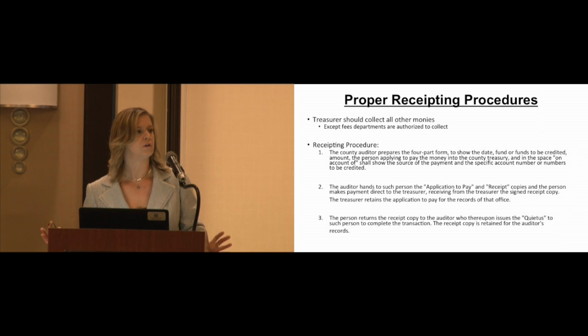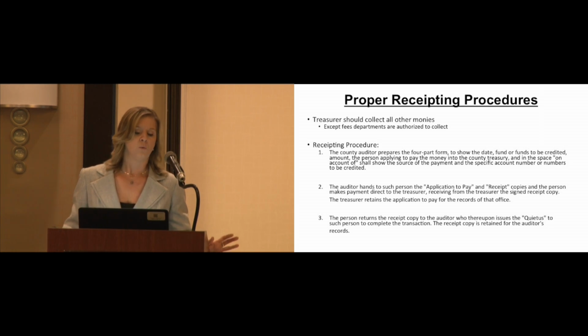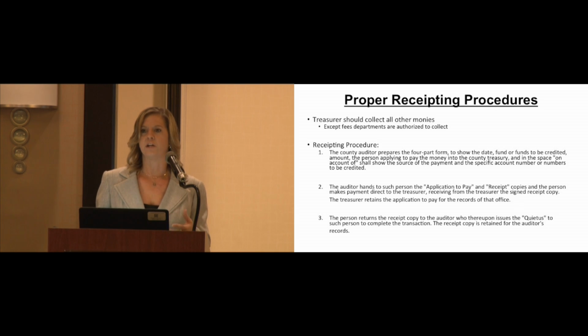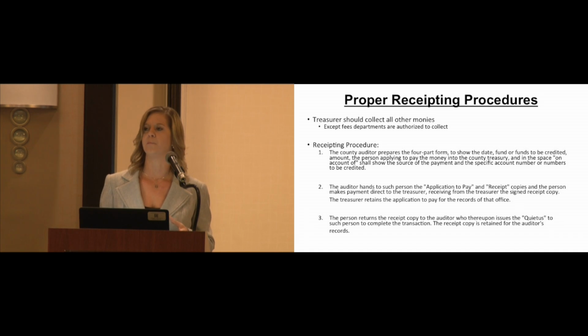We look at it, and as long as it provides the same information and functions the same as the prescribed form, then we don't have a problem with you using it. So the procedures here, don't get too caught up on the 4-part form, the names of the forms, as long as you're doing the process and using forms that pretty much do the same thing as these prescribed forms.